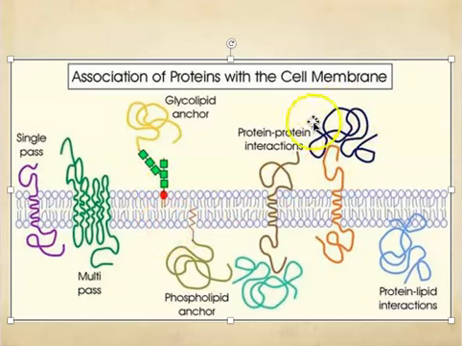Here's another peripheral protein that again happens to be interacting with the polar regions of this transmembrane single pass protein. We see all different types of shapes and sizes of proteins embedded in membranes and associated with membranes.